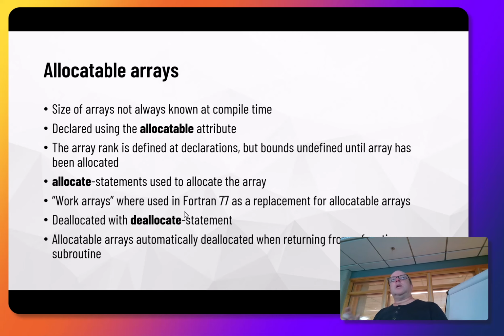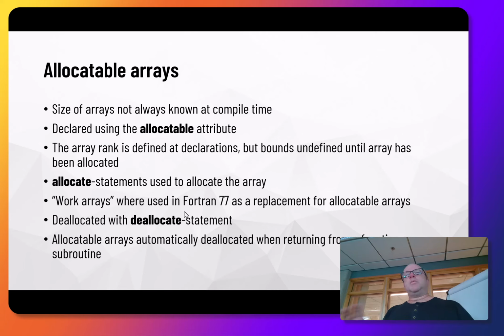And you can declare allocatable arrays by adding the allocatable attribute to your variable declarations. You only define the ranks of the arrays in your declaration, so you don't give them explicit size, you just give them the number of dimensions you want. You create the array using the allocate statement.